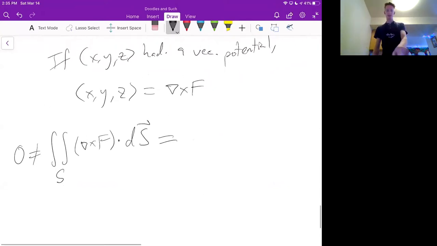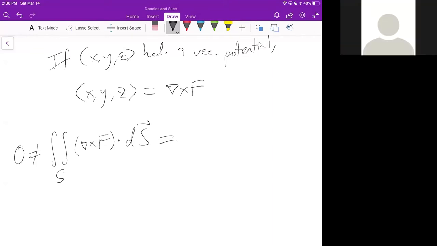So if I were to use Stokes' theorem here, what would this integral turn into? Would it mean that the circulation of F is also not equal to 0?